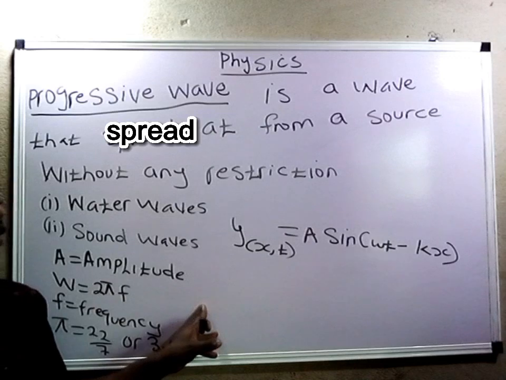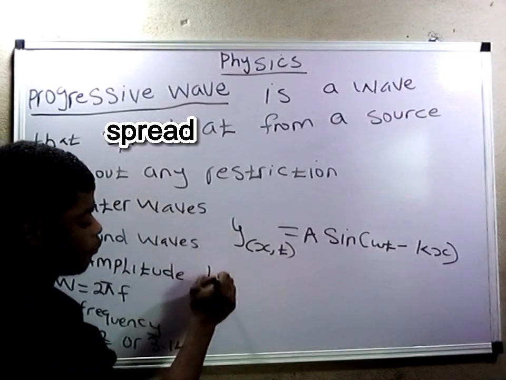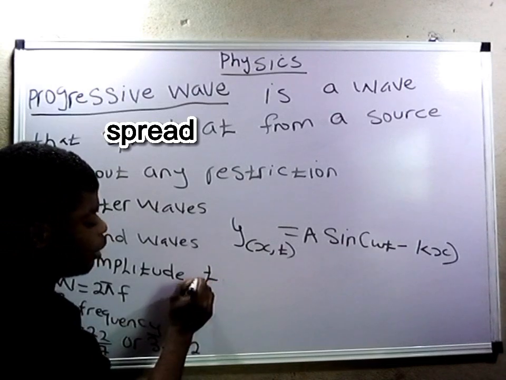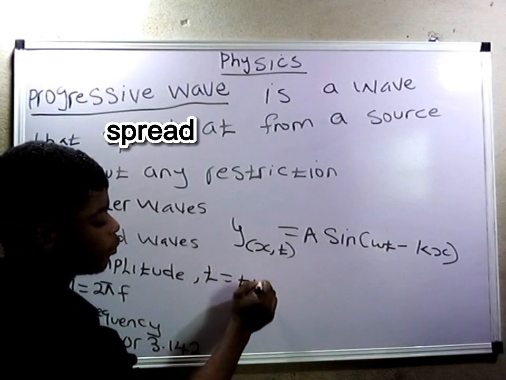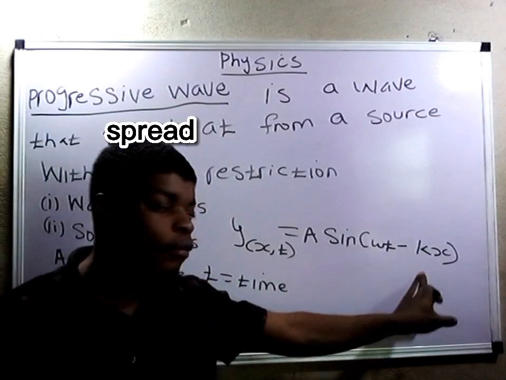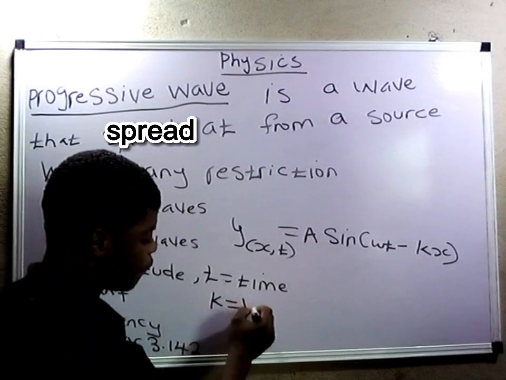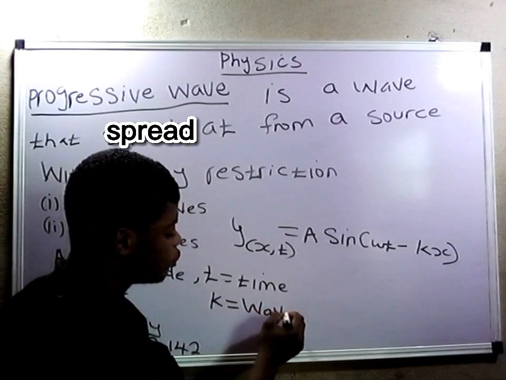Then your t is your time. Your k is called the wave number.